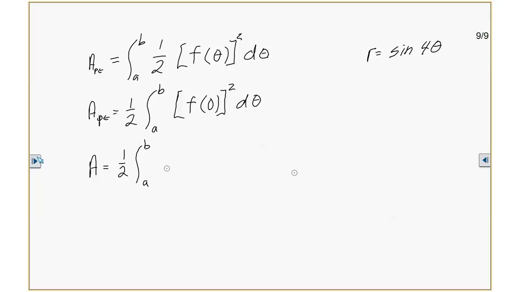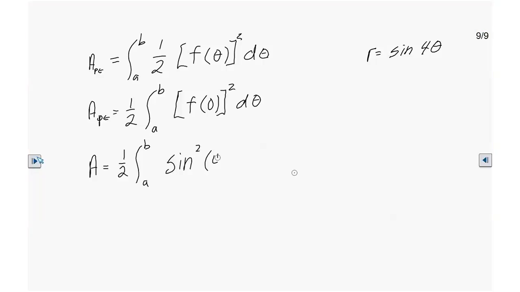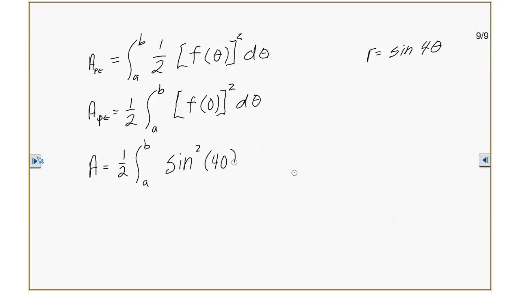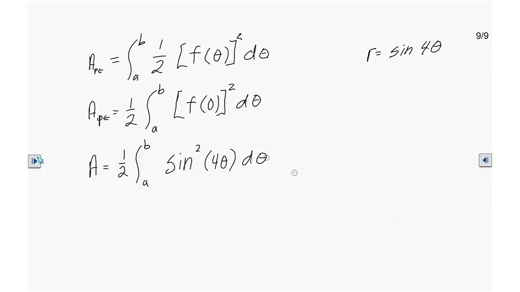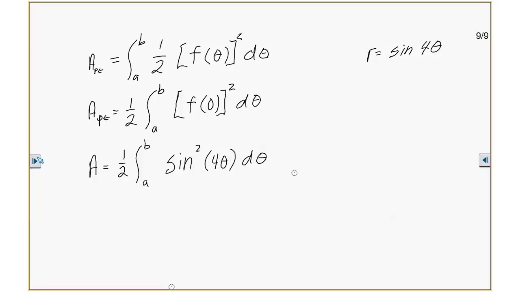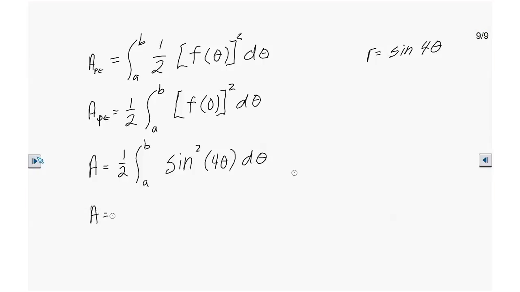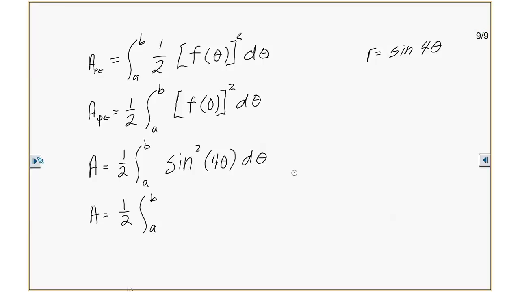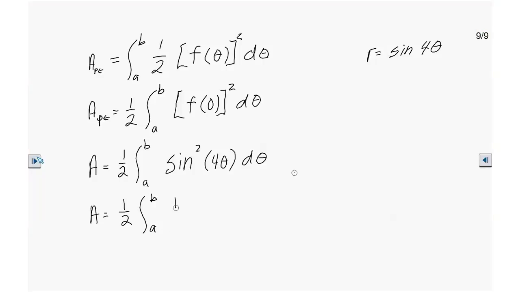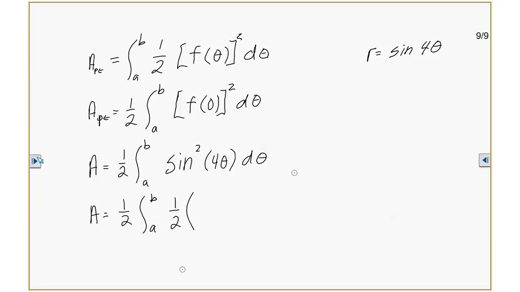Because let's see, sine squared of 4 theta d theta. A is equal to 1/2 integral from A to B of 1/2 times 1 minus cosine 8 theta d theta.